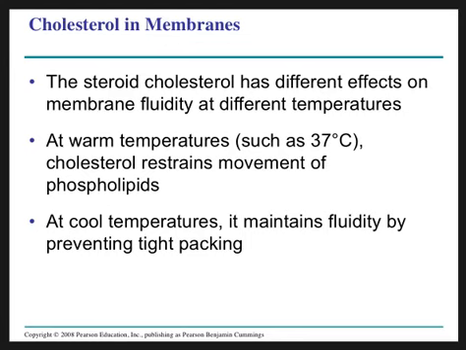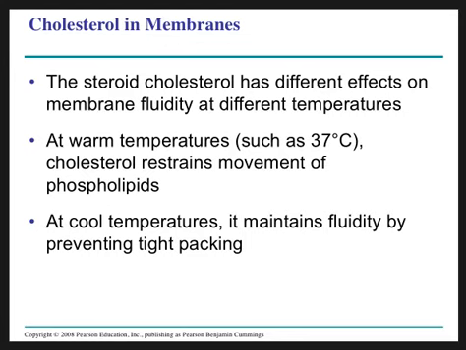So in warm temperatures, 37 degrees Celsius, for instance, the cholesterol restricts the movement of those phospholipids. It keeps them pretty much where they need to be, okay? It doesn't let them run like salad oil. Your cell membranes are not running around like heated salad oil or olive oil.